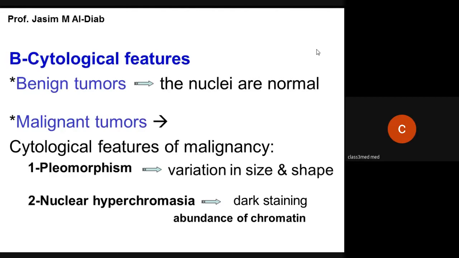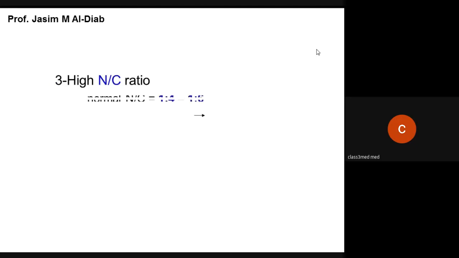This darkly stained nucleus is called hyperchromatic nucleus. Okay? This nucleus is hyperchromatic, which means it is darkly stained because it contains an abundance of chromatin. This is seen in malignant tumors.